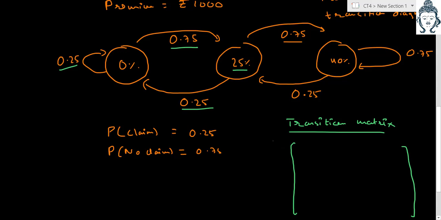Each row is represented by an I, and I is basically the initial state or the state in which you want to begin, the starting state. And each column is represented by J, which is the state you want to get to. So J is your final state.